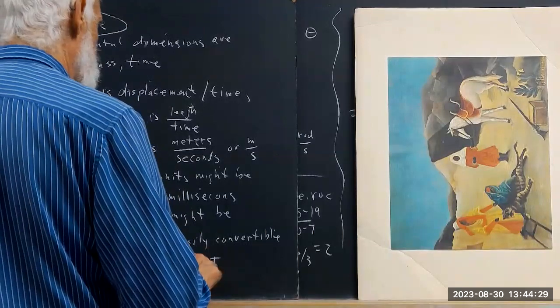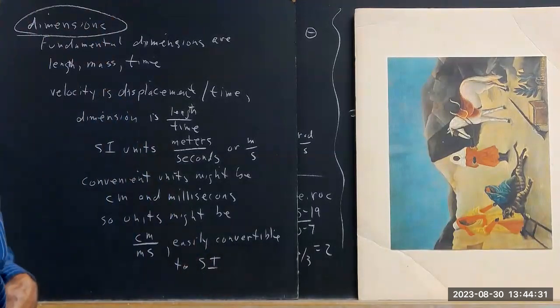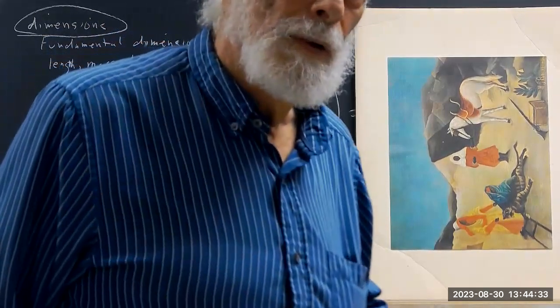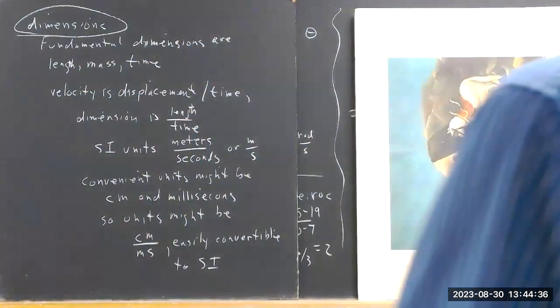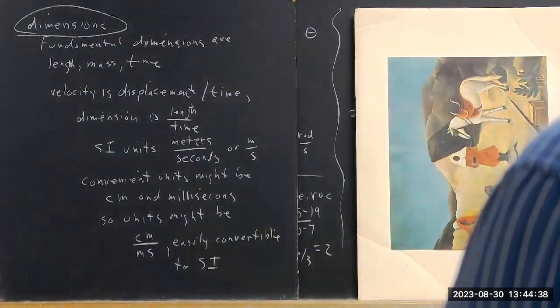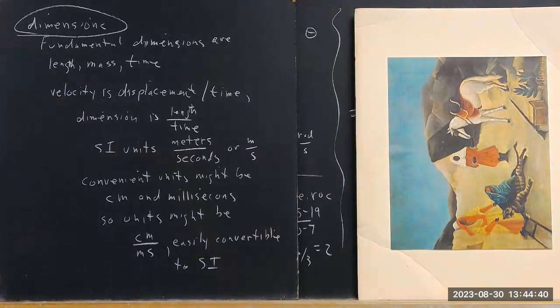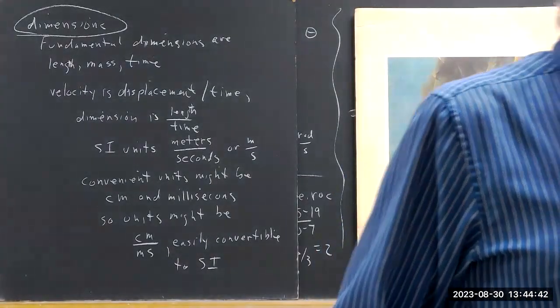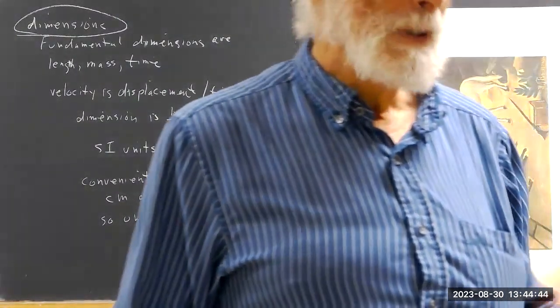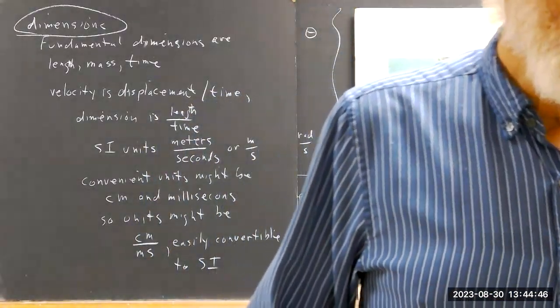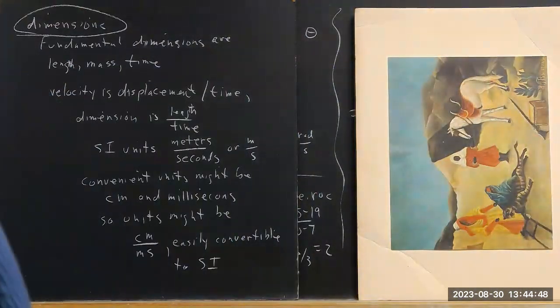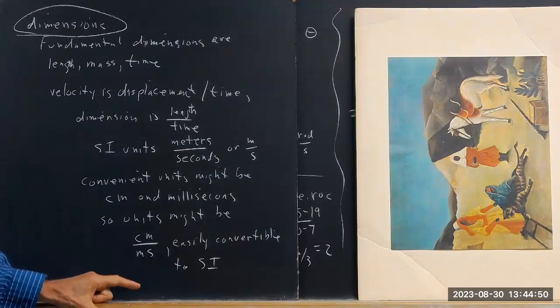Be able to work in SI as much as possible because your derived units, like the unit of force, which is the Newton, are defined in terms of the SI units for length, time, and mass: kilograms, meters, seconds. But conversions are easy, especially in metric.